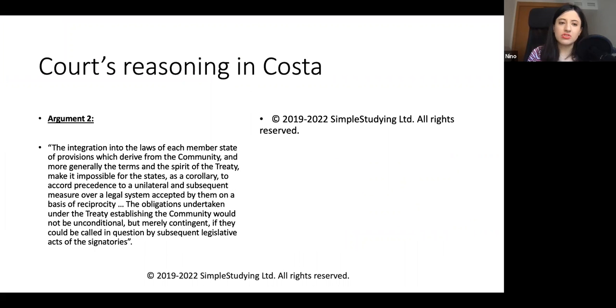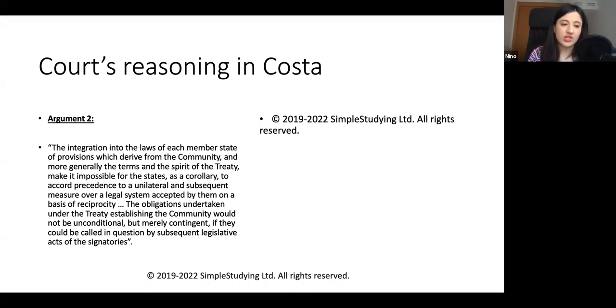The integration into the laws of each member state of provisions which derive from the community, and more generally the terms and the spirit of the treaty, make it impossible for the states, as a corollary, to accord precedence to a unilateral and subsequent measure over a legal system accepted by them on a basis of reciprocity.